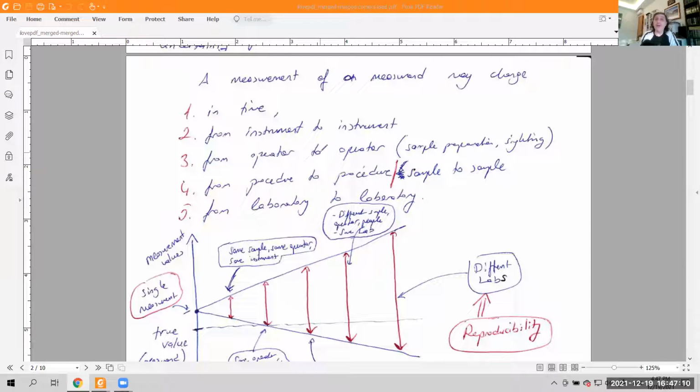And it's going to be operator to operator, maybe not in terms of weight, but it may be also, if it includes, for instance, sample preparation. Let's say that in the manual, it says prepare 100 grams of something, right?